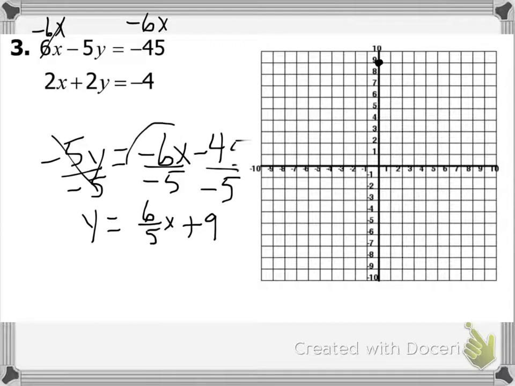Just like what it was right here, negative 6 over negative 5. So down 6, left 5. Down 6 again, left 5.